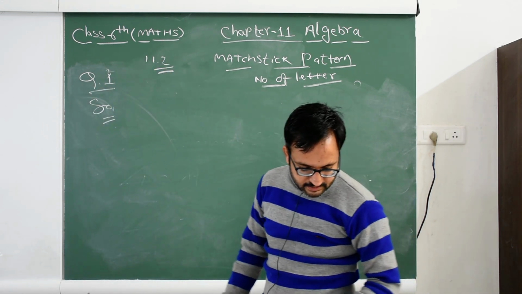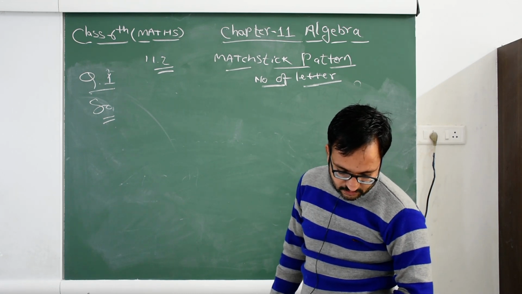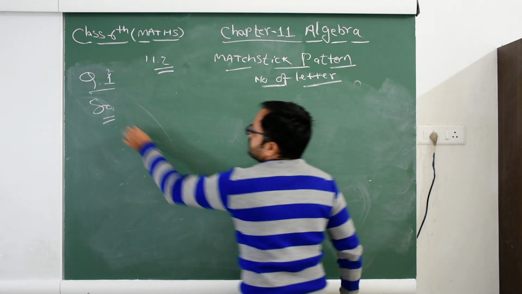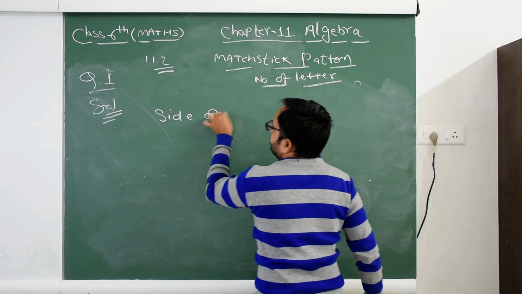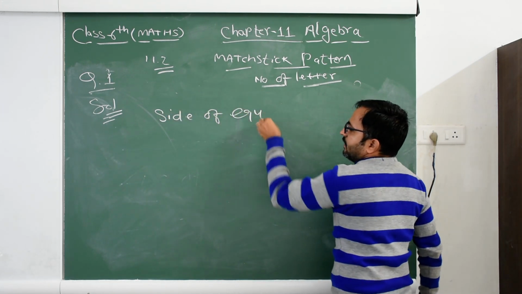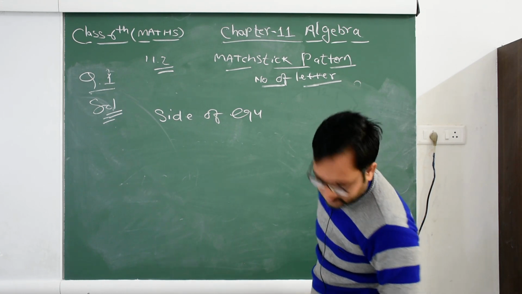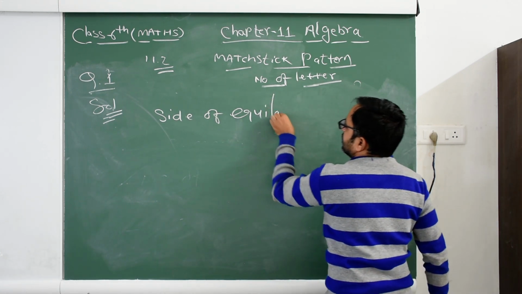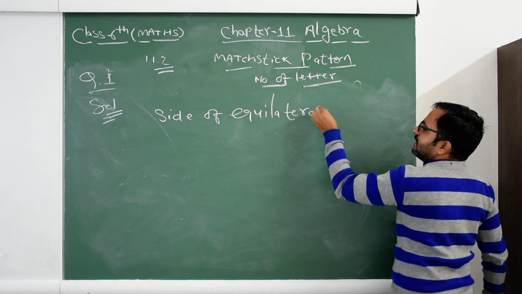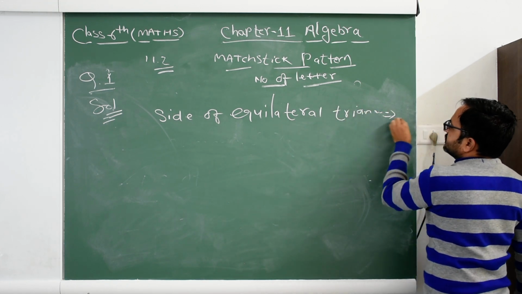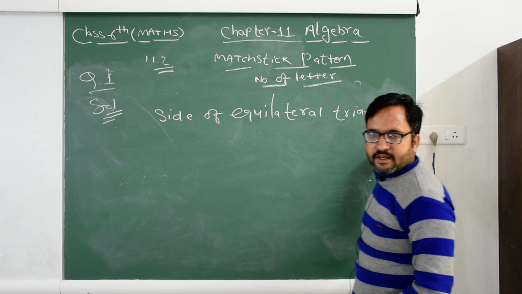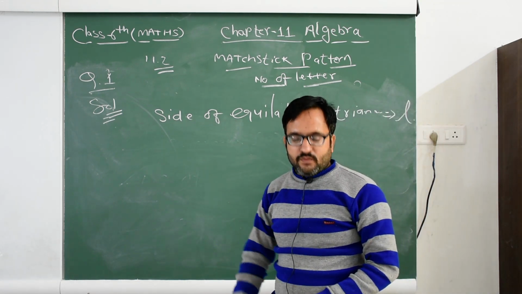The question is: the side of an equilateral triangle is shown by L. That means L is your variable.